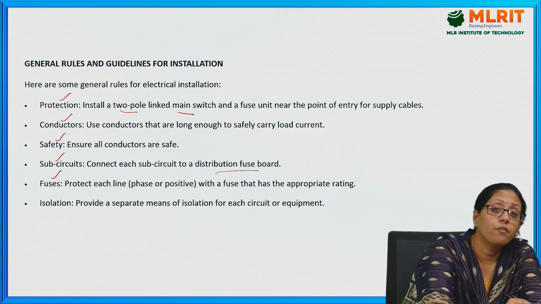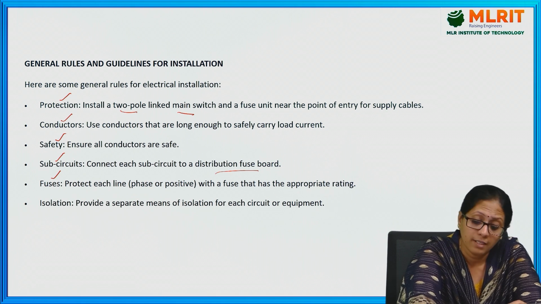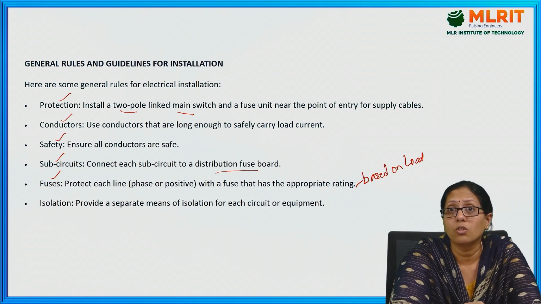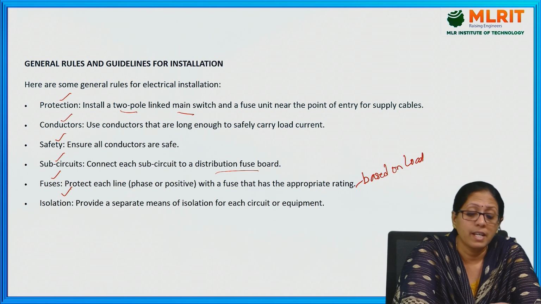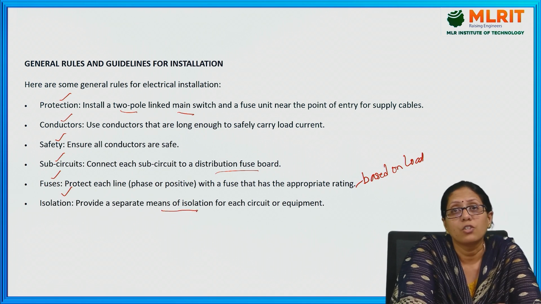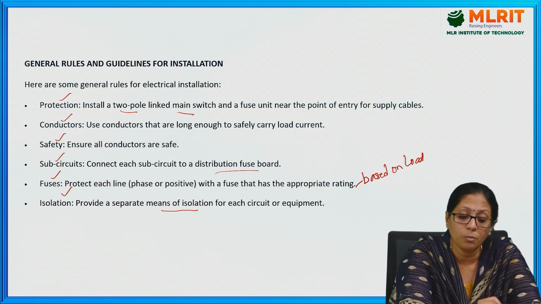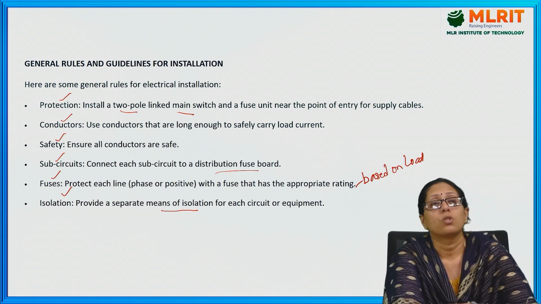Next is fuses. Protect each line, which you can call phase or positive, with a fuse of appropriate rating based on the load connected to it. Next is isolation. We should provide a separate means of isolation for each circuit, and that should be connected to the distribution fuse box. So these are the guidelines.